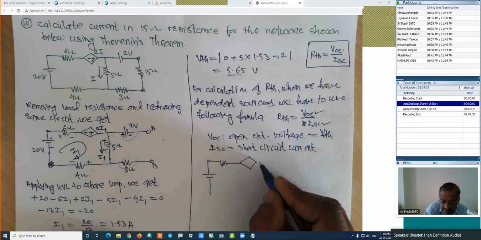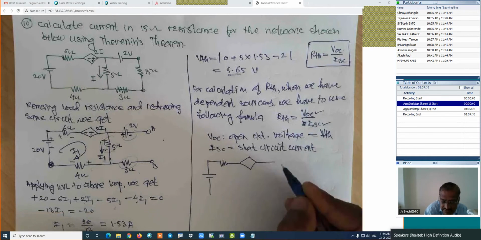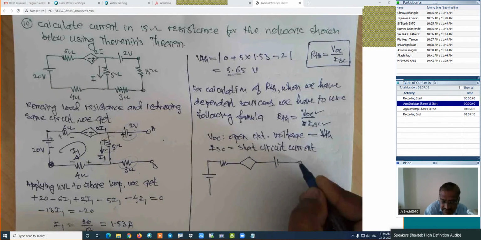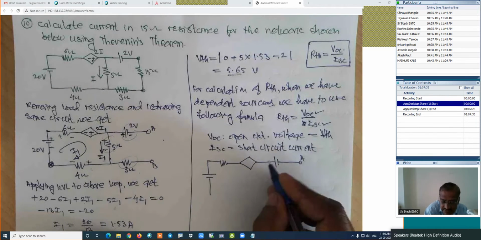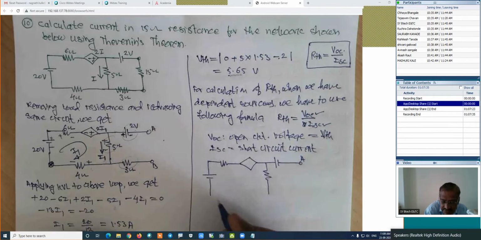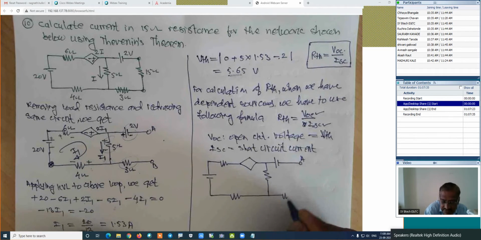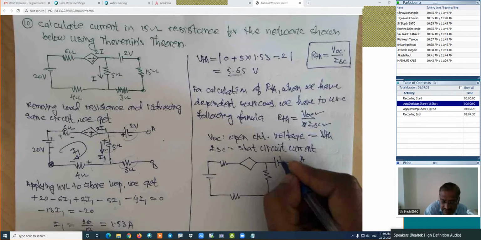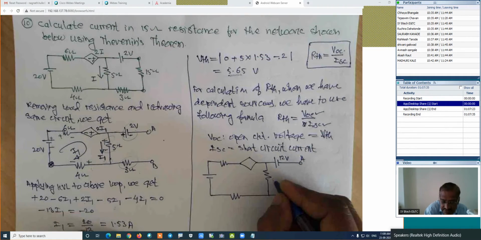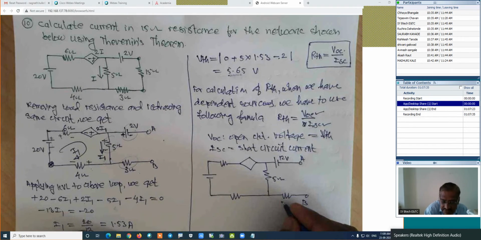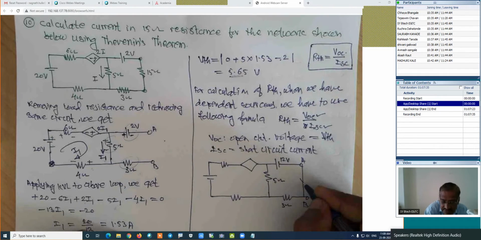Only the difference is that this is point A. There is the resistance, and this is also a resistance. This is point B. It is 12 volt. This is 5 ohm. This is 3 ohm. Now short circuit this and calculate the current in the short circuit, which is ISC.